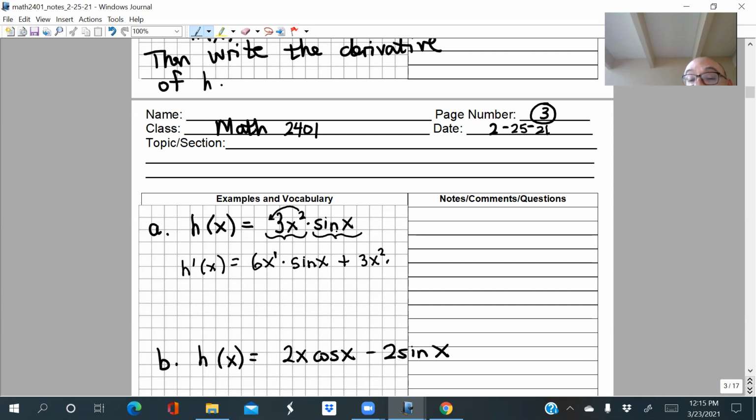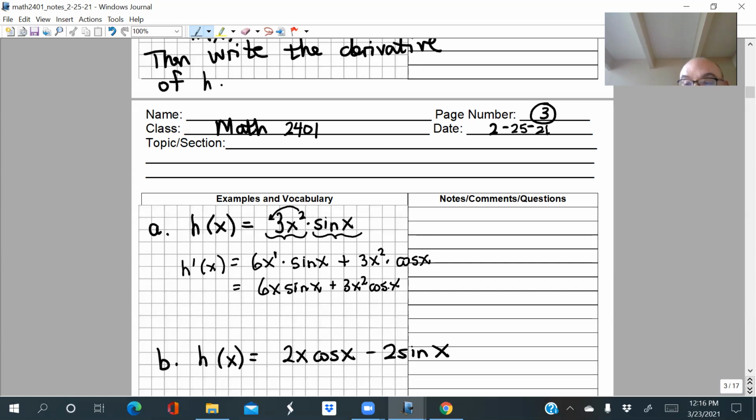As we just learned a moment ago, what's the derivative of sine of x? Yeah, Zachary, that's right. It's cosine, right? So the derivative of sine of x is cosine of x, okay? There it is. There is your derivative function. It's just 6x sine of x plus 3x squared cosine of x, right? See how easy that was?